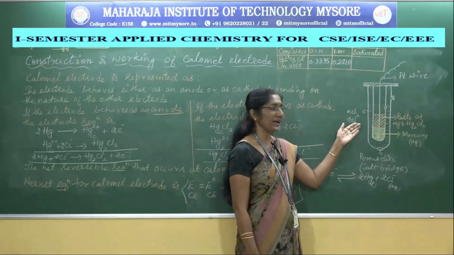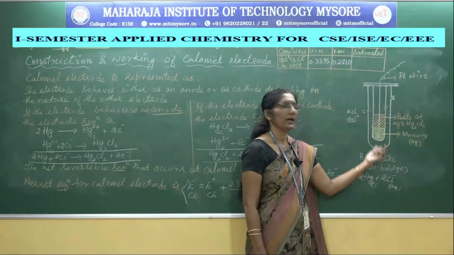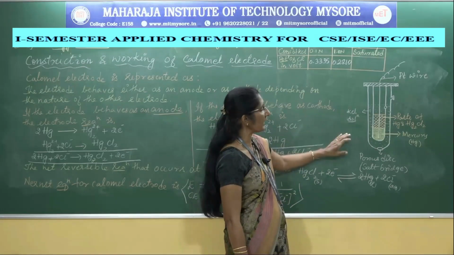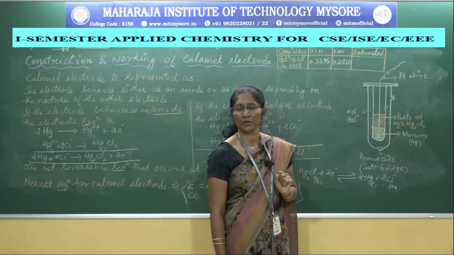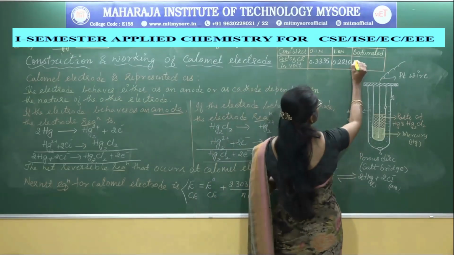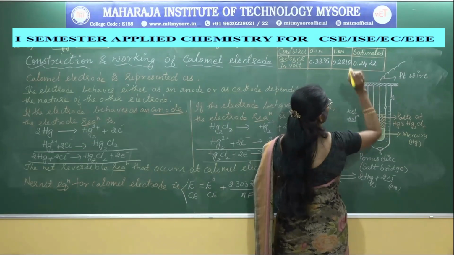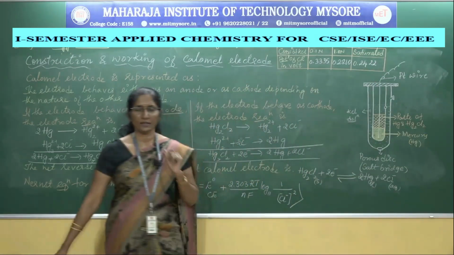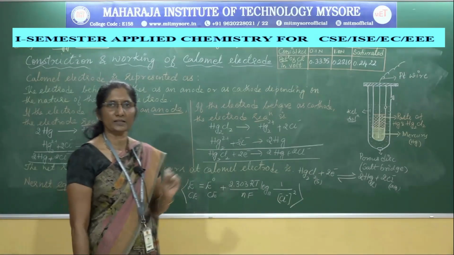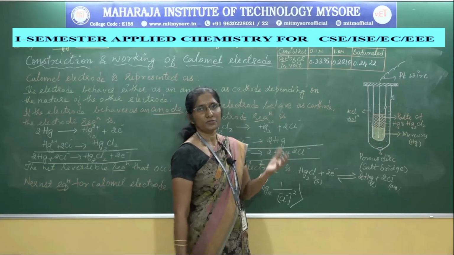If this electrode is filled with a saturated KCl solution, then this calomel electrode is known as a saturated calomel electrode and its value is 0.2422 volt. Depending upon the concentration of the KCl solution filled in the calomel electrode, its value changes.